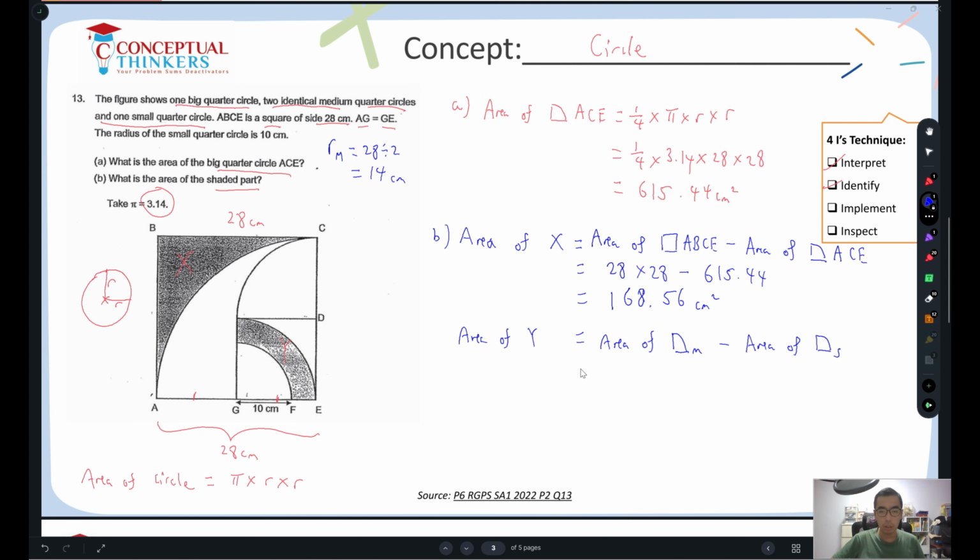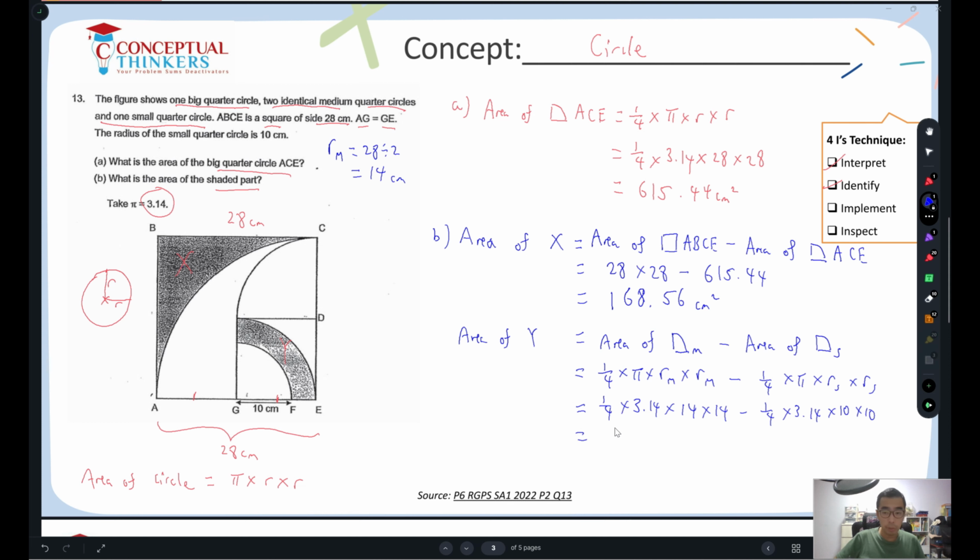So the formula will be 1/4 times pi times radius of the medium one, then minus away 1/4 times pi times radius of the small quarter circle. So this will give me 1/4 times 3.14 times 14 cm times 14 cm minus away 1/4 times 3.14 times 10 times 10.